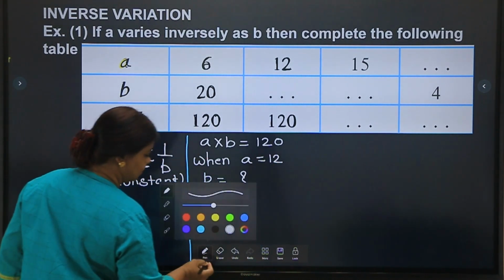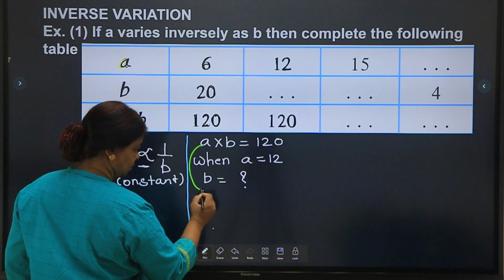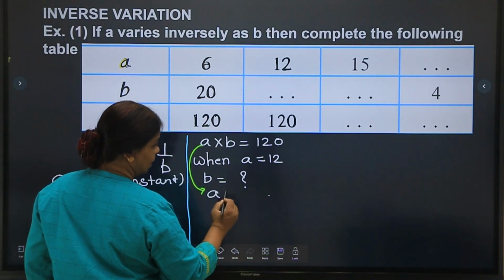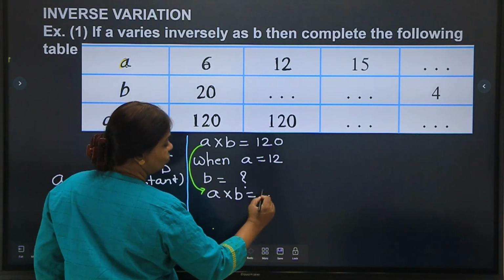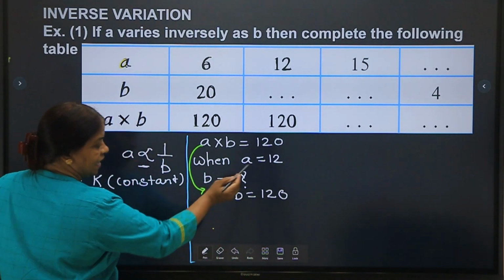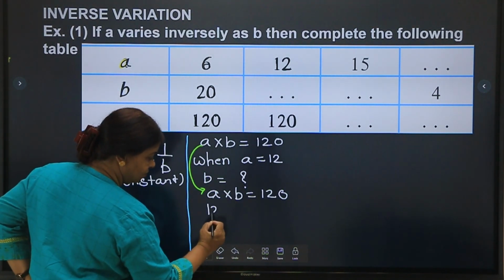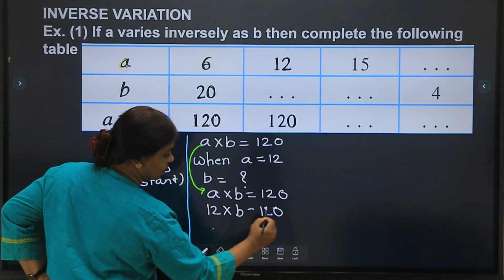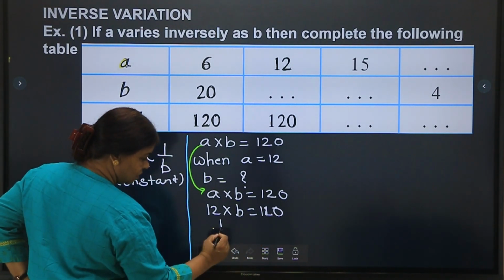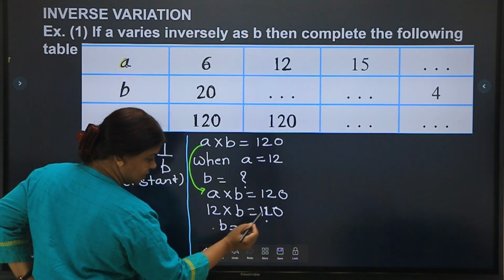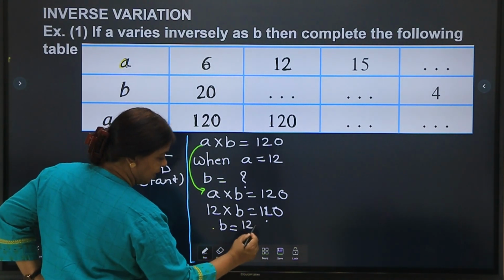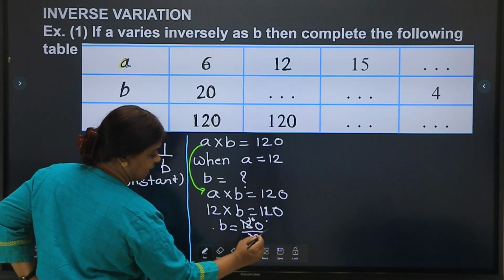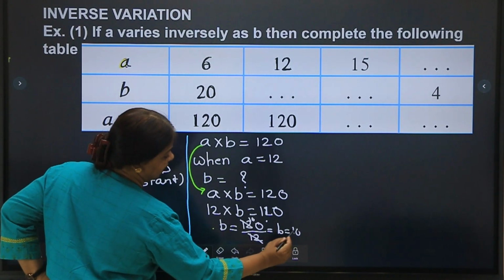Let us use this. A into B is equal to 120. A value is 12, so in place of A, I will write 12 into B is equal to 120. 12 will go down into the denominator on this side. B is equal to 120 upon 12. 12 tens are 120, that would be 10. So the B value will be equal to 10.